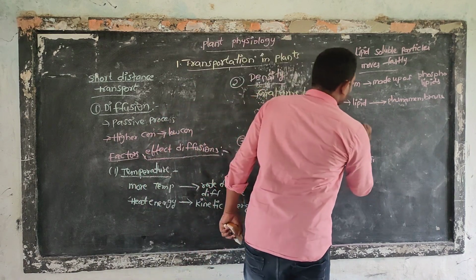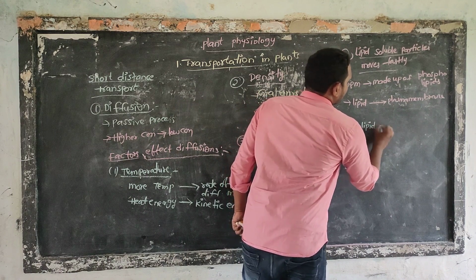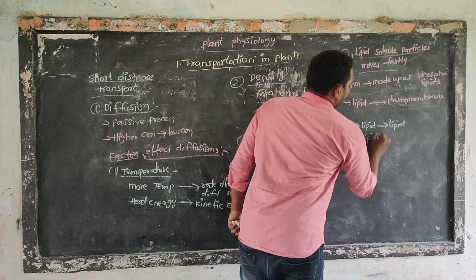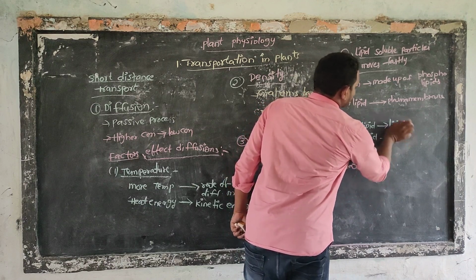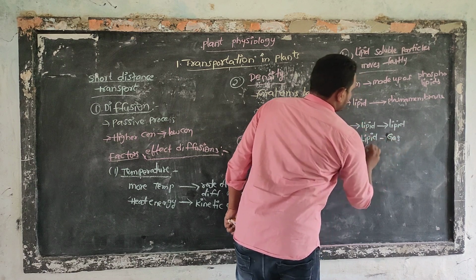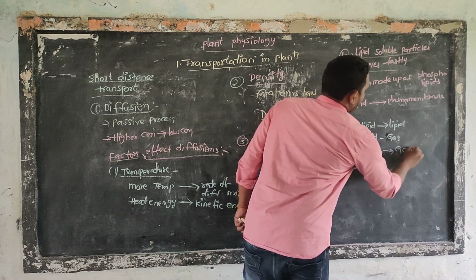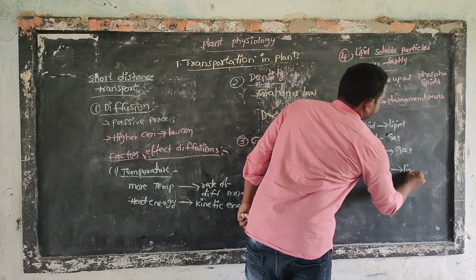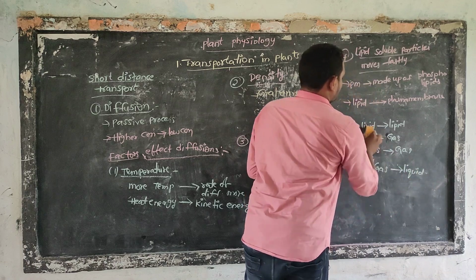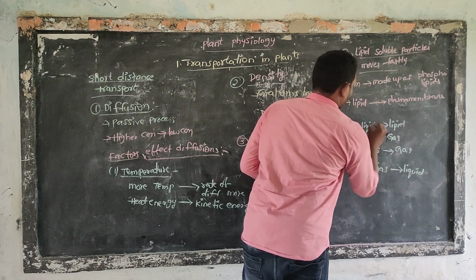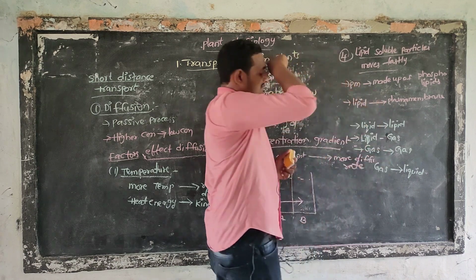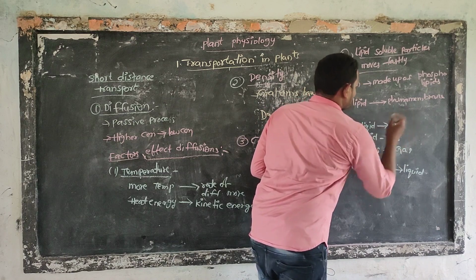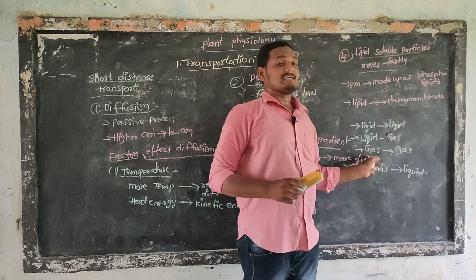So diffusion mainly occurs lipid to lipid, lipid to solid, lipid to gas, next gas to gas, next gas to liquid, liquid to liquid, liquid to gas, gas to liquid.